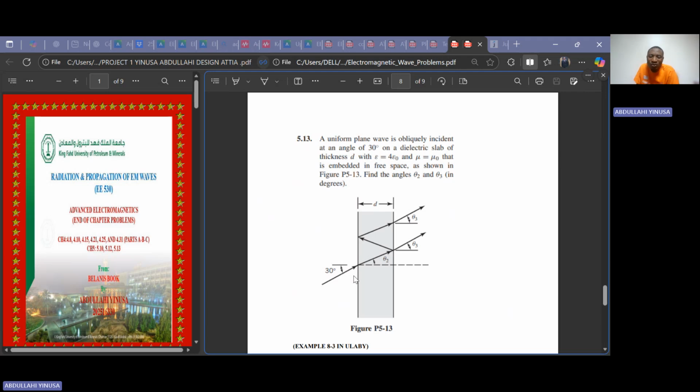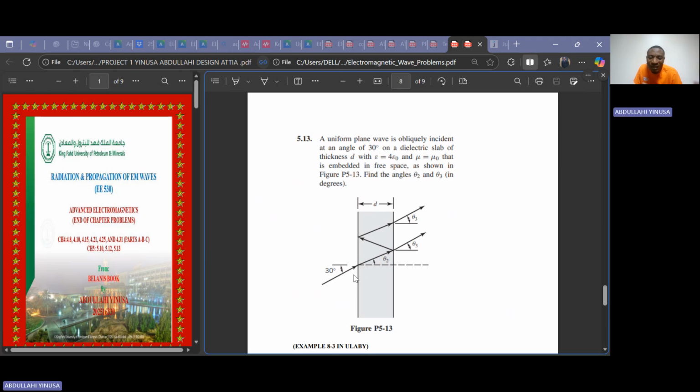This is very simple. How are we going to go about it? You just apply Snell's law. n1 sine theta 1 is equal to n2 sine theta 2. What's n1 here? n1 is the refractive index in free space, which is equal to 1. What is n2? n2 is just the square root of epsilon r.